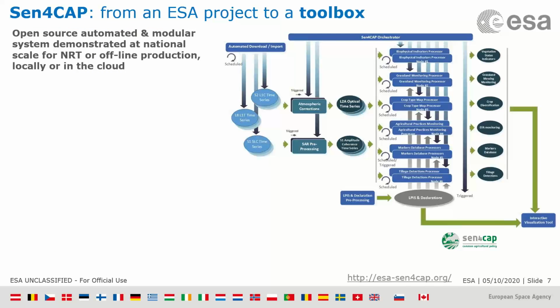So this is an overview of the Sen4CAP toolbox with Sentinel-1, Sentinel-2. You get the possibility to do the pre-processing or not, and these Sentinel-1, Sentinel-2 data populate a marker database which is used to generate the different products.